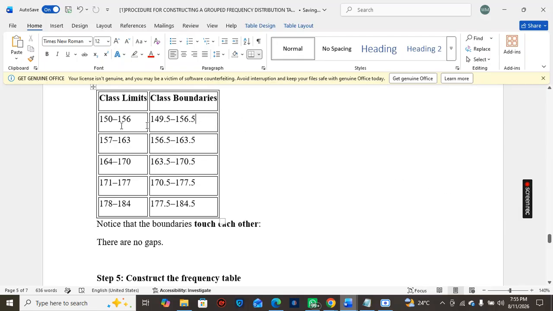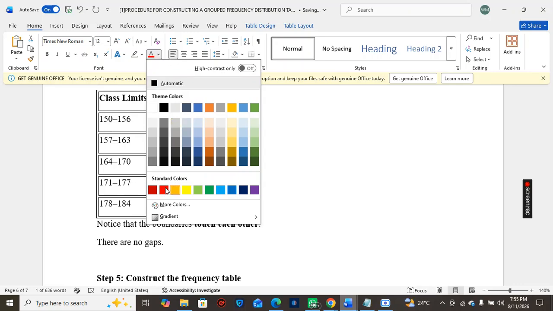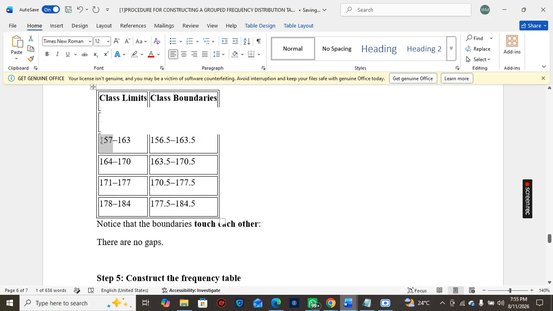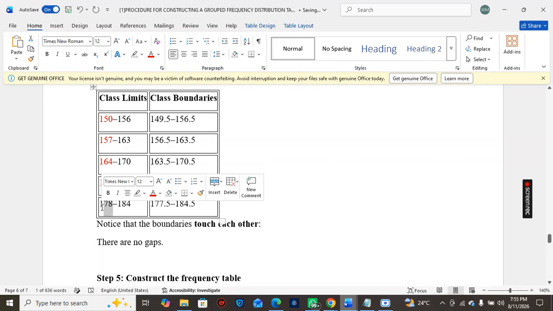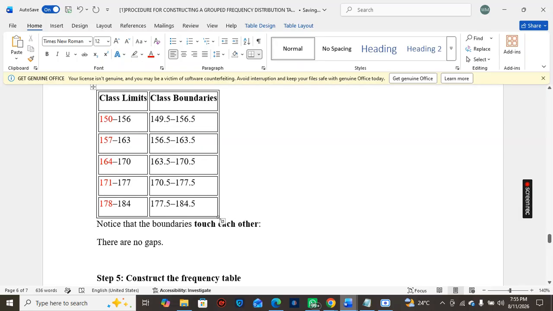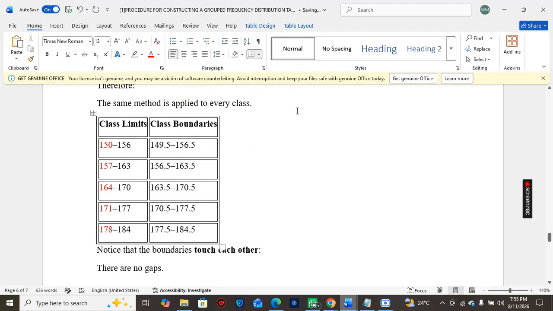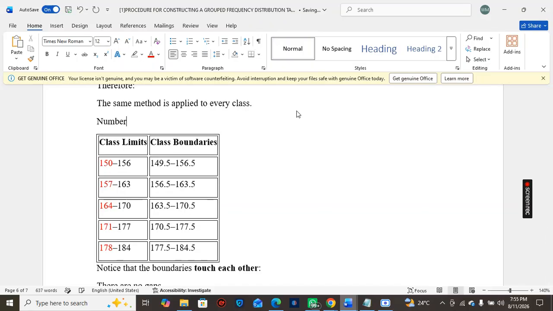Since we got 0.5, the numbers on the left, this 150, this 157, this 164, this 171, and this 178, the numbers on the left, you subtract 0.5.